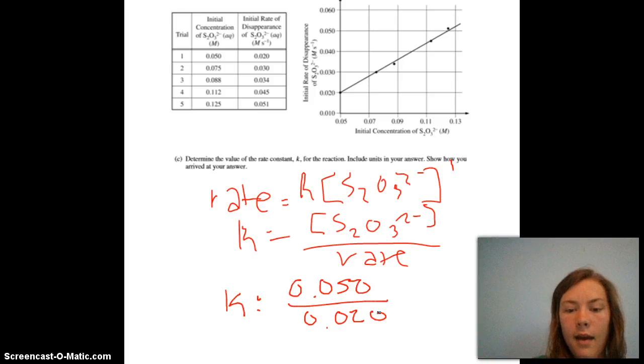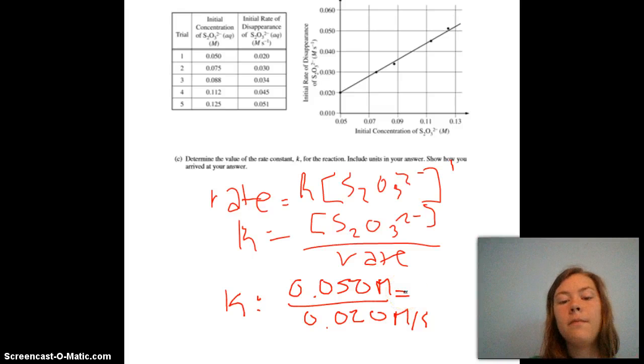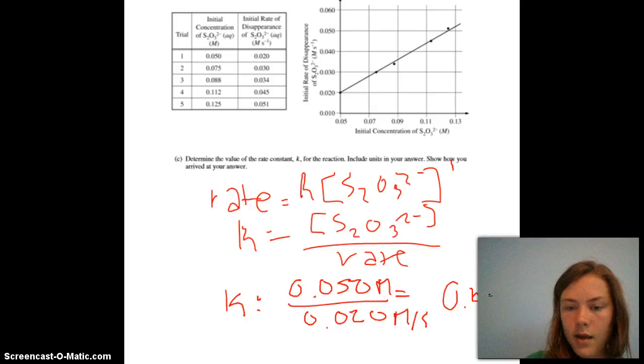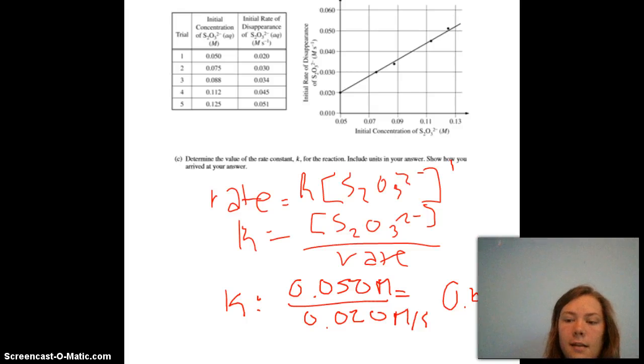So then we get K, and this is molarity per second over molarity, which equals 0.40 inverse seconds, because the rate constant for first order reactions has a label of just inverse seconds.